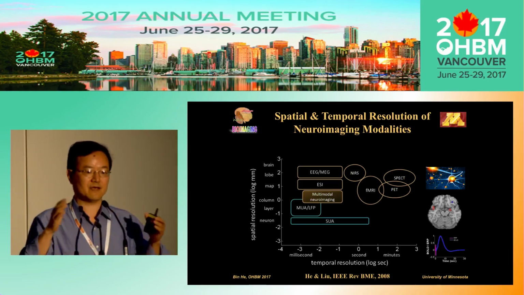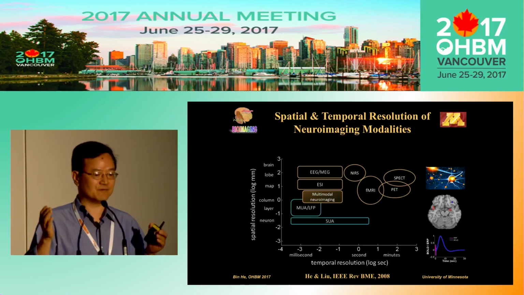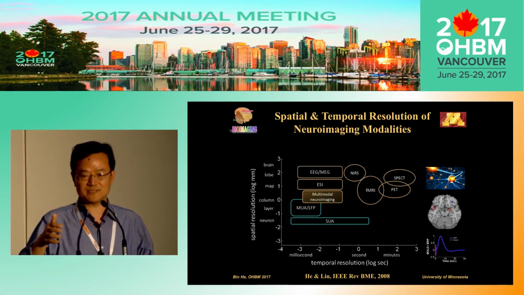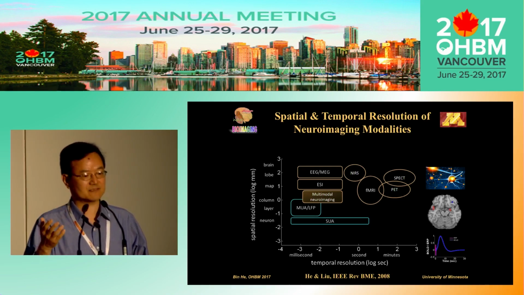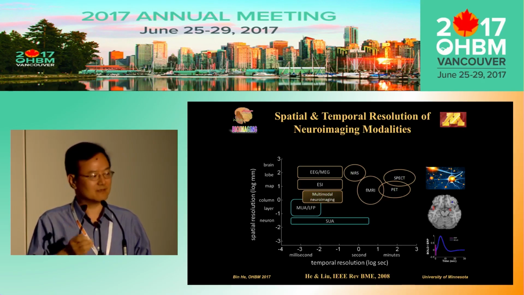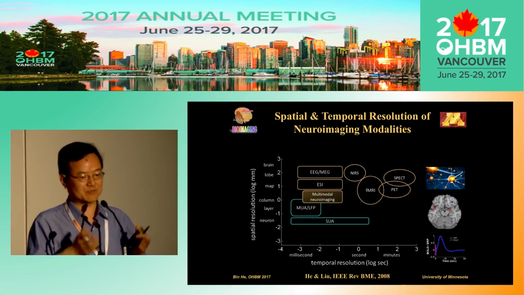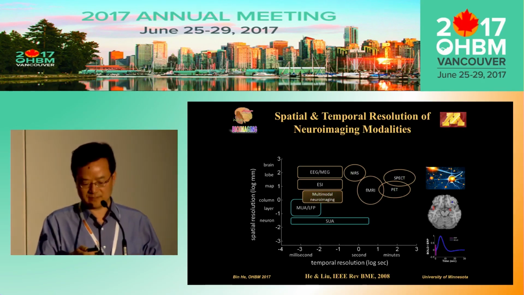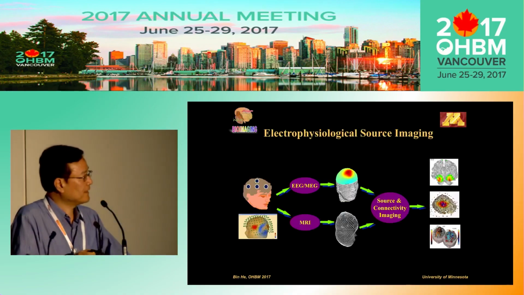These give you high temporal and high spatial resolution, but unfortunately you have to put many electrodes into somebody's brain, which is certainly doable in animals. That is a lot of neuroscience research, but for obvious reasons, that is not an option for human brain mapping, except for a very limited number of neurosurgical patients.